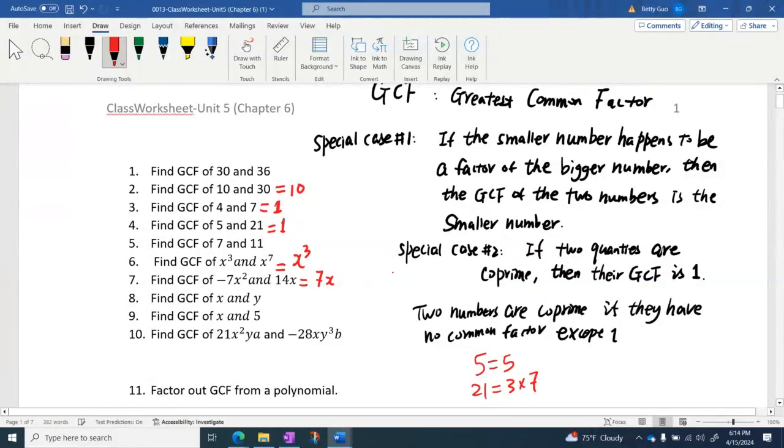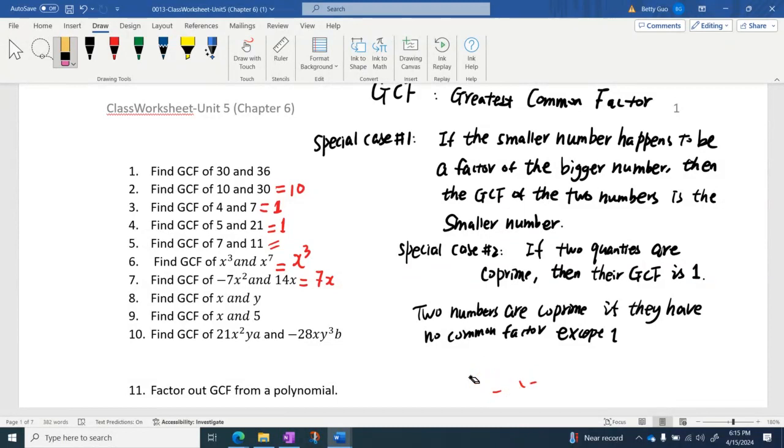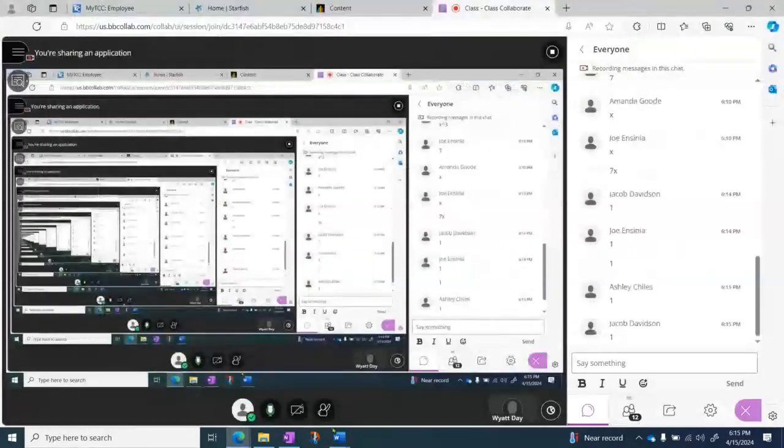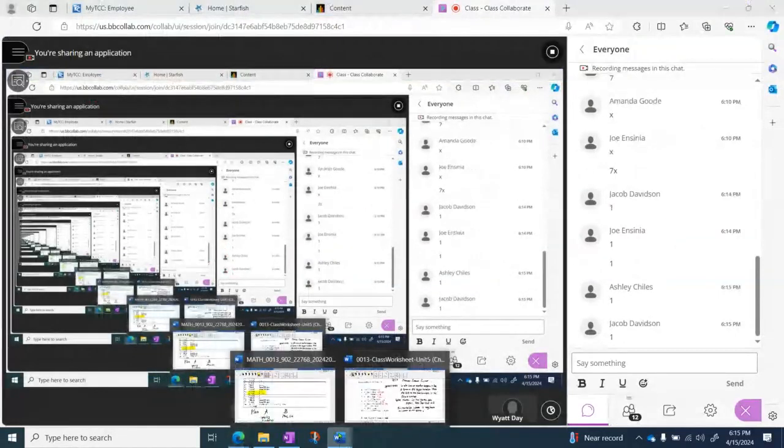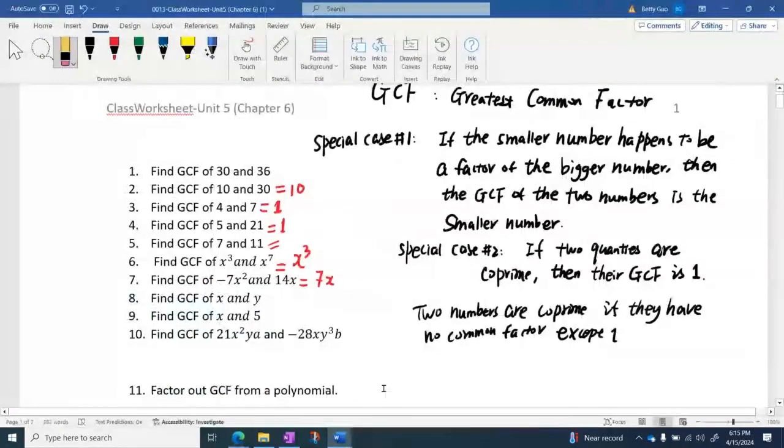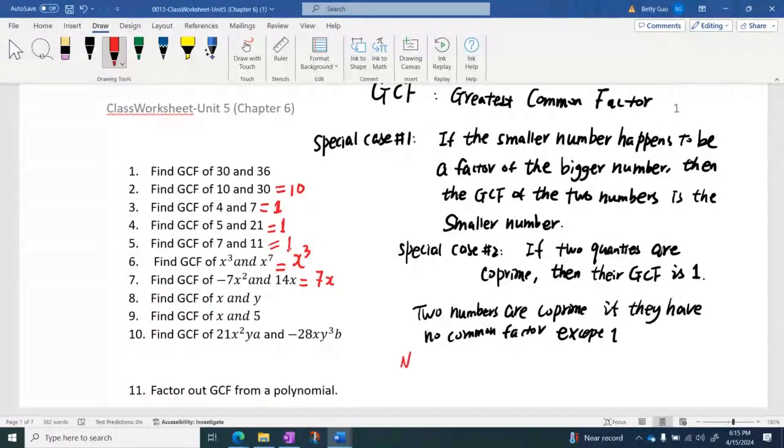Number 5, 7 and 11. What's the GCF of 7 and 11? 7 is prime, 11 is prime, so they are co-prime. GCF is 1. Exactly, awesome, perfect. And I need to write down the conclusion. You should have this conclusion in your note. We have this covered before.